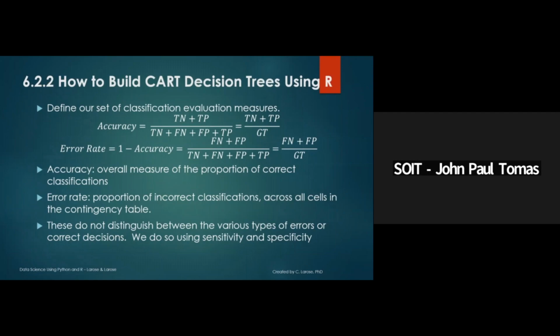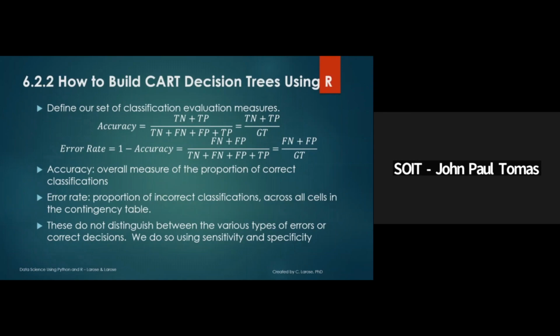So as you can see there, the accuracy represents the overall measure of the proportion of correct classifications being made by the model. The formula for the accuracy is TN plus TP over TN plus FN plus FP plus TP, which also equates to TN plus TP over your grand total.